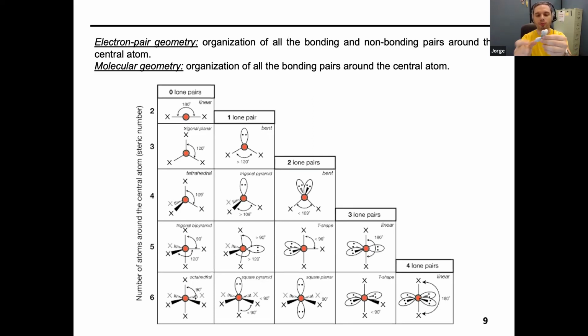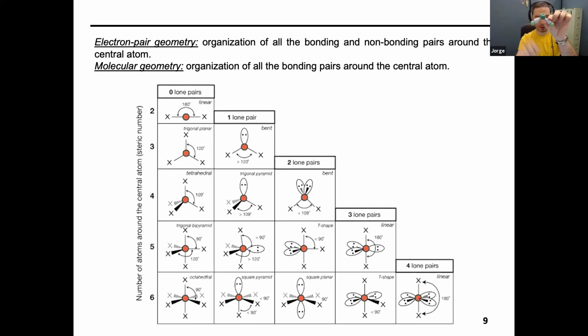However, only two positions are occupied by the hydrogen atoms. So all of them are equivalent. No matter where you place them, that's going to be the same. So what we have here, counting everything, is tetrahedral.